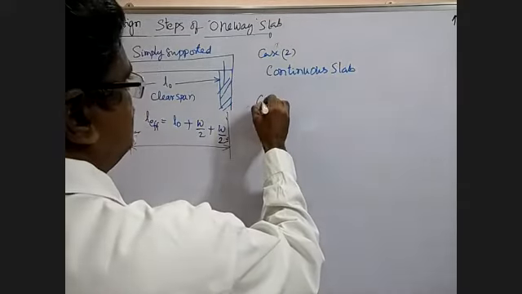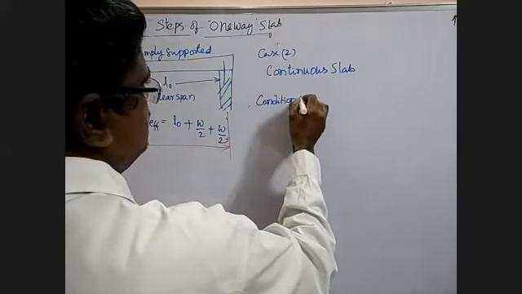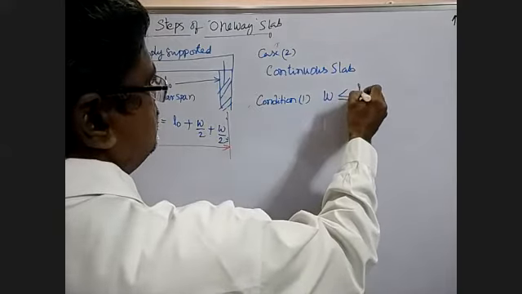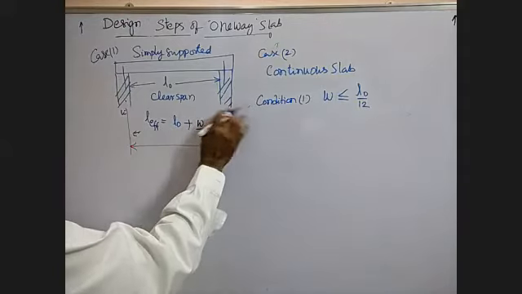In this also you have 2 conditions. Condition 1: W is less than or equal to L naught by 12 or 600. W means the width of the support.